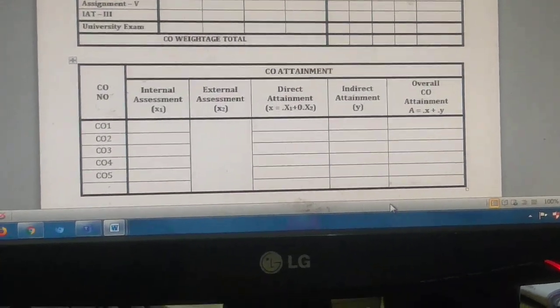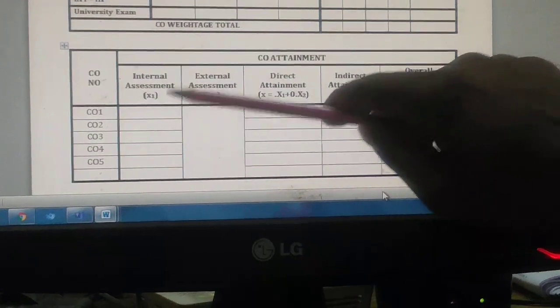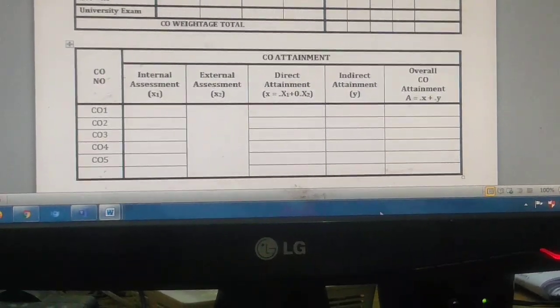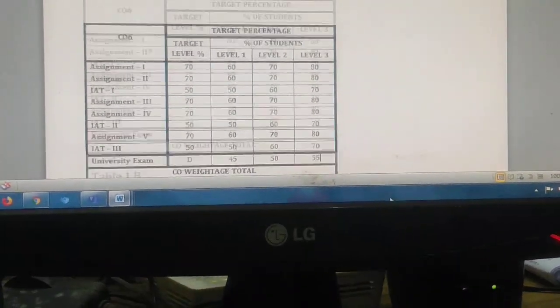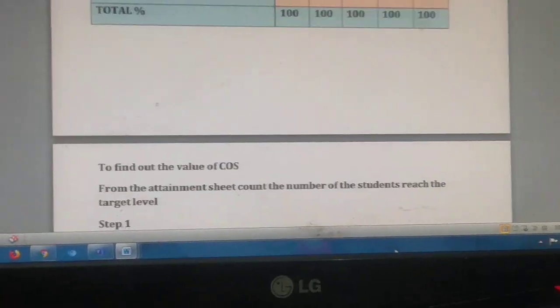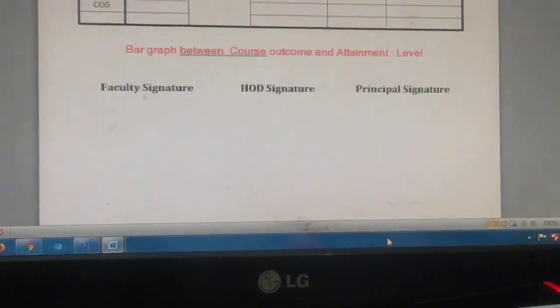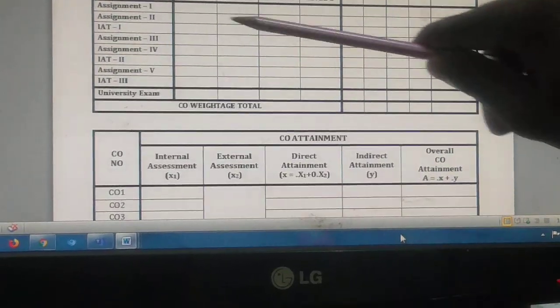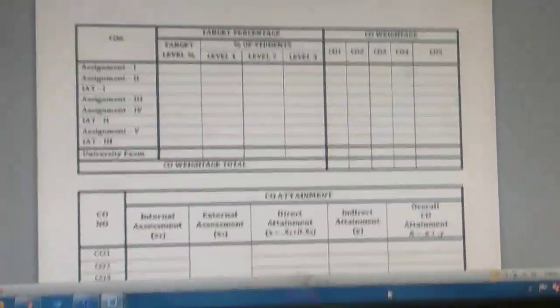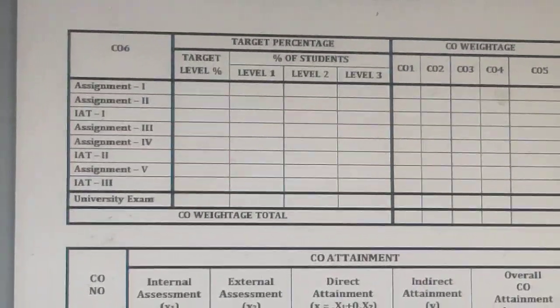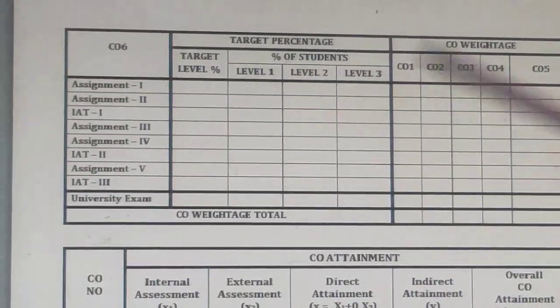So my dear friends, now I am going to find out internal assessment for CO1 through various steps. In a step-by-step procedure I have explained. Before that, I have completed this table. I already stated that for assignments, I fix the weightage as 20%.